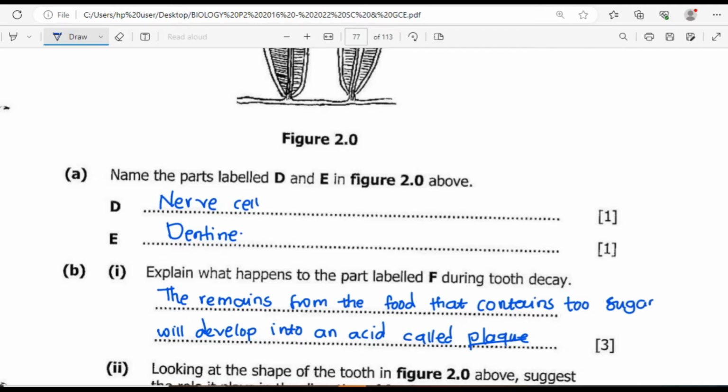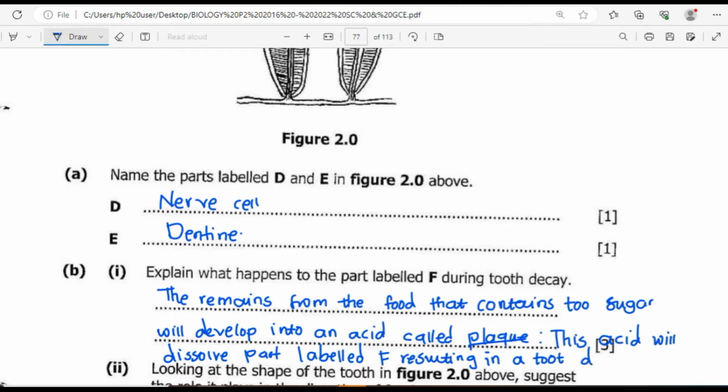So this acid will dissolve the part labeled F, resulting in tooth decay.